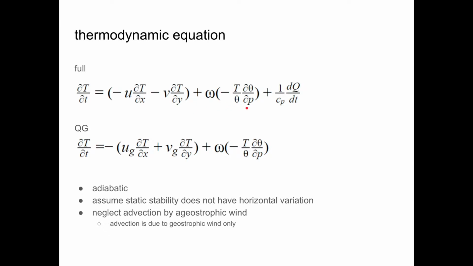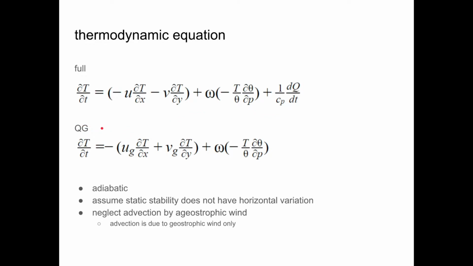And the work and vertical advection terms can be combined into a single term. So here it's omega times minus T over theta, d theta/dp. And this is a sort of static stability parameter. It will be a positive number when the atmosphere is stable. And then we have the added heat term, or the latent heat term, at the end.